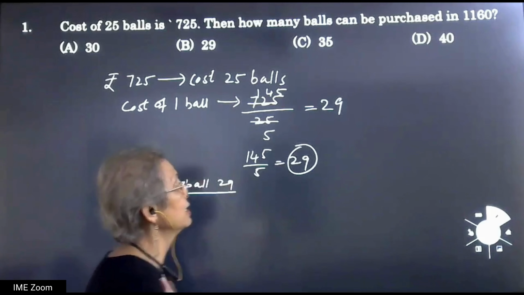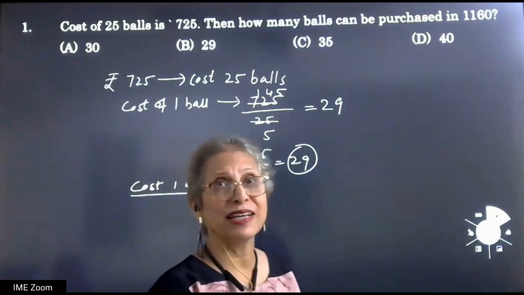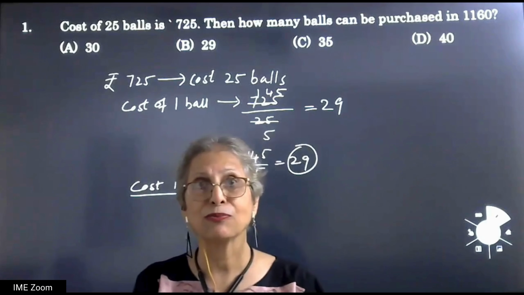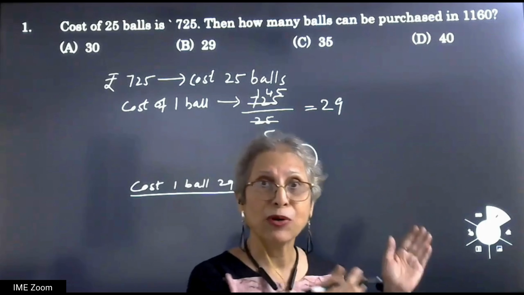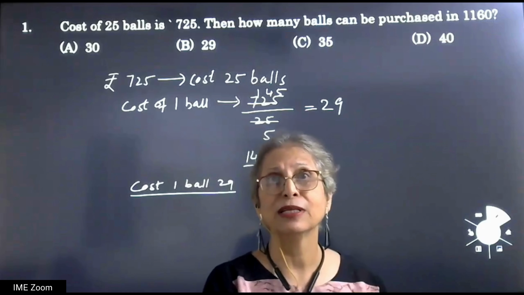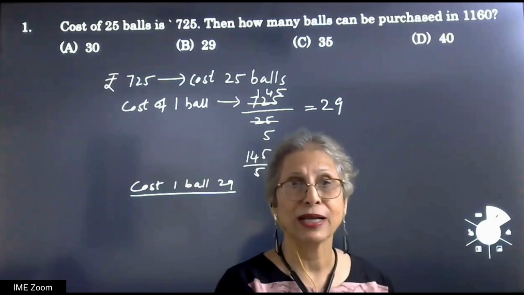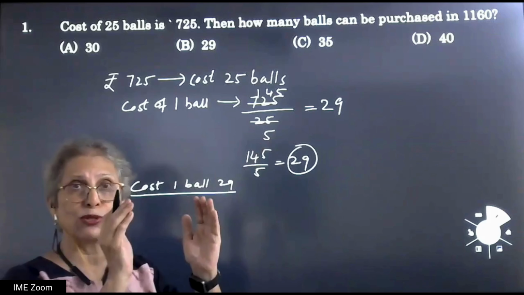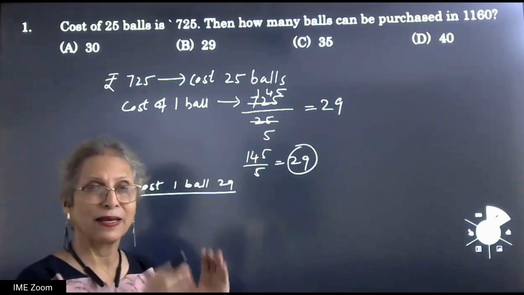Now look here, the question is, how many balls can be purchased in this? We don't have to find out the price of more balls. The amount is there. I have this much money only, 1160, and then how many balls I can purchase. So this is the cost of so many balls again, right?